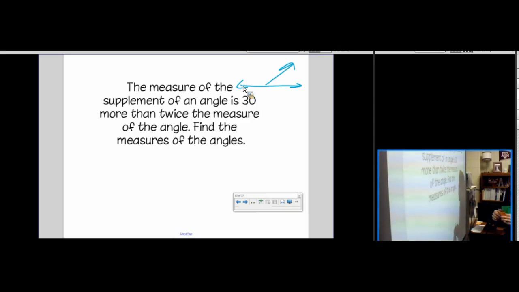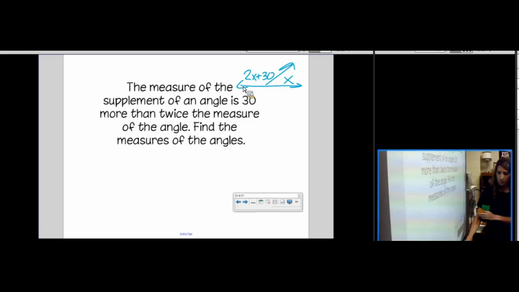Okay, what do I call one of my angles? Call one of the angles x. What do I call the other angle? 30 more than twice the angle. 30 more than twice the angle.